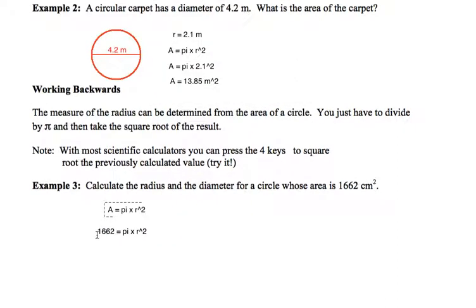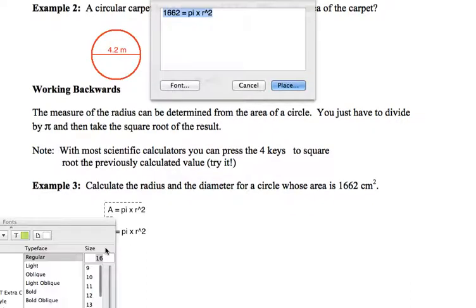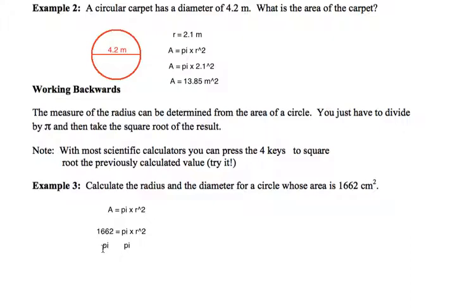And once I've substituted in the numbers for the places where they should go, I just got to solve backwards, right? First thing I got to do, divide both sides by pi, because pi is working like a coefficient here. Remember, if you're not sure if you should square root first or divide by pi first, remember that when you're solving, you do reverse BEDMAS. Think of it as SAMDEB.